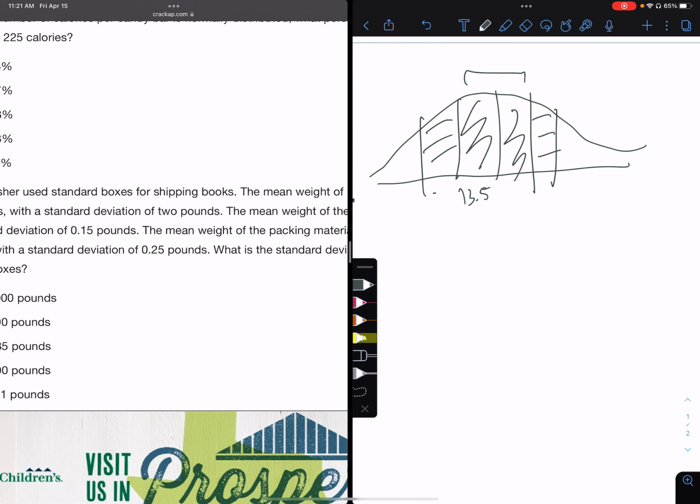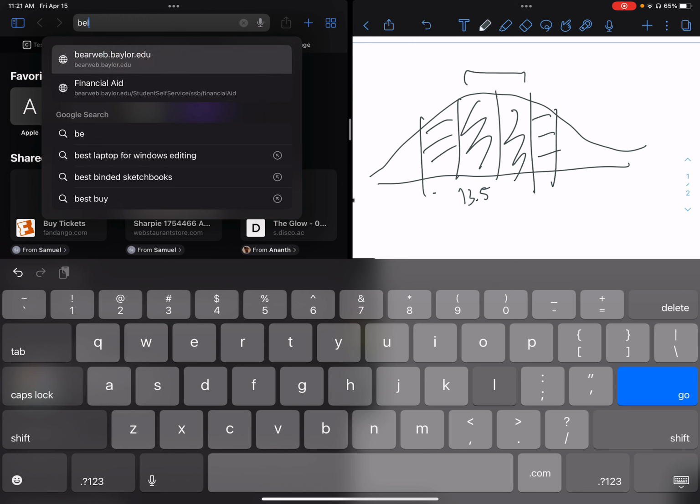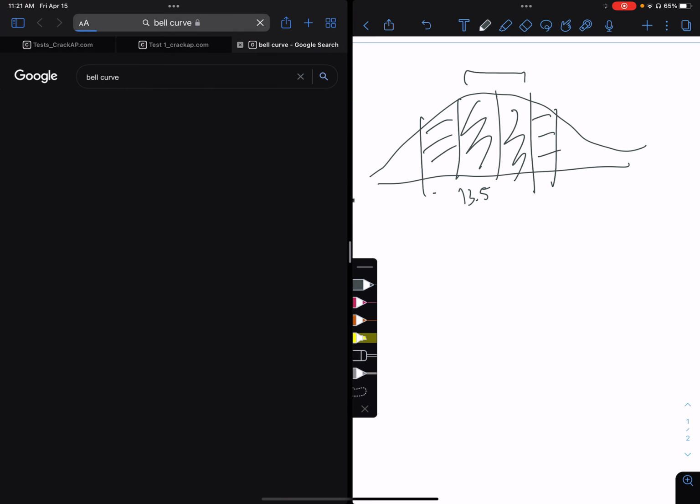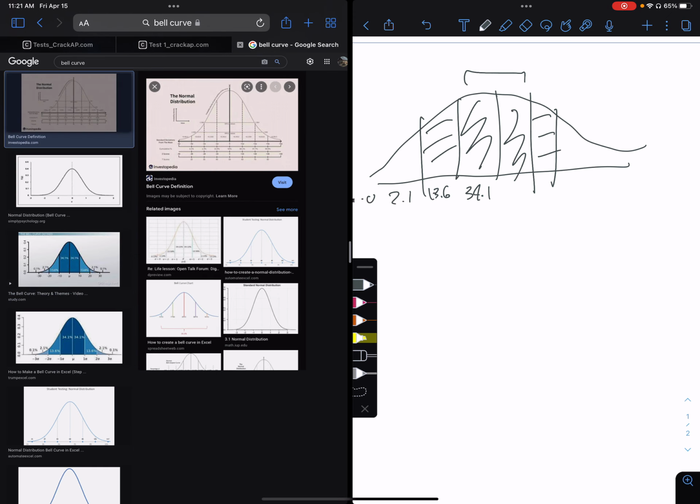You know what, I'm gonna look it up. Bell curve. Alright, 34. Okay, so this is 13.6. This is 34.1. This is 2.1. Actually, I don't think that's right. I think it's something else.